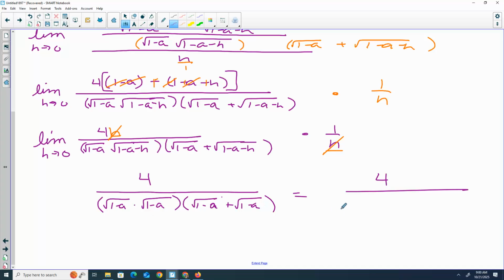So if I multiply the radical 1 minus a's, it drops the radical and we just get 1 minus a. If I add them, that's 2 radical 1 minus a. 4 over 2 is 2. This is like a 1 minus a to the first times a 1 minus a to the 1/2. So if you multiply those, you add exponents. This would be a 3/2 power.